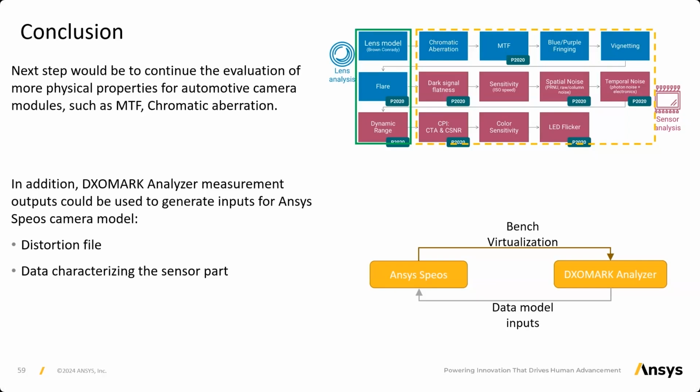Today it's relying on EMVA 1288. So we could use the DXOMARK analyzer output to feed the model itself, and then we'd be able to run a proper simulation with proper outputs.